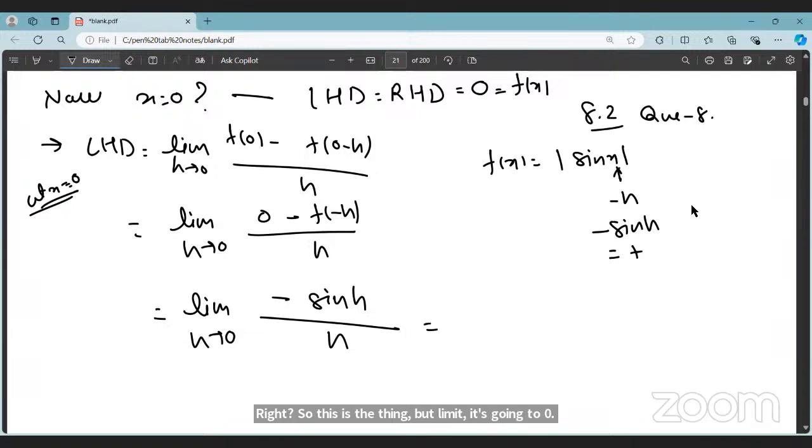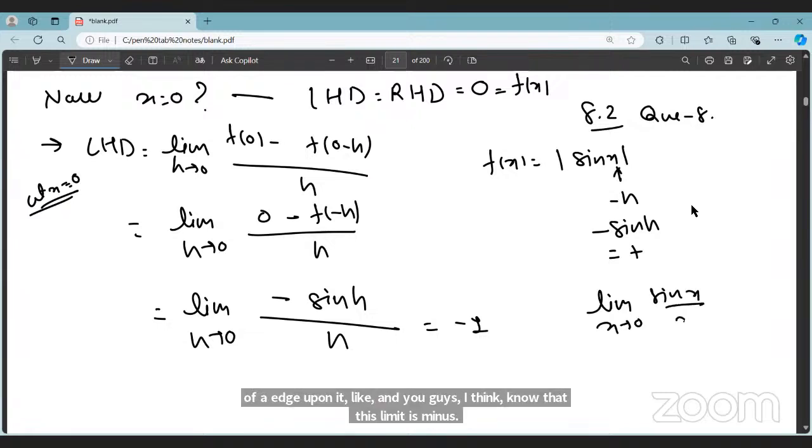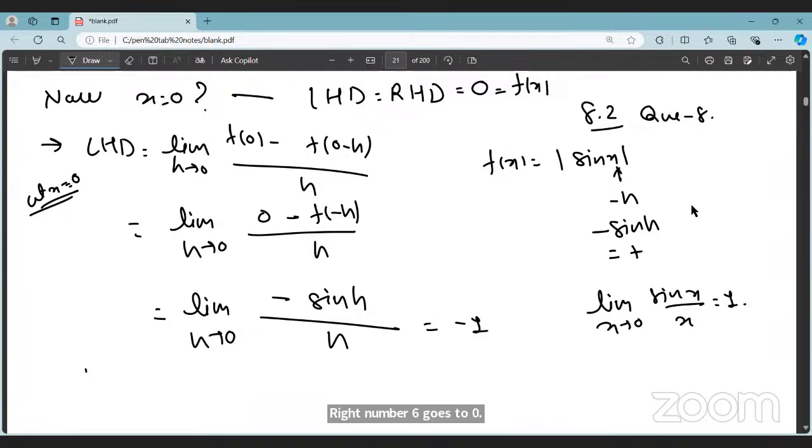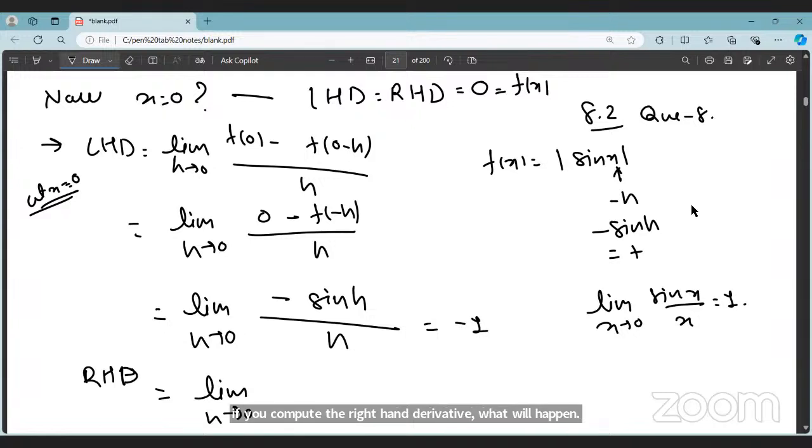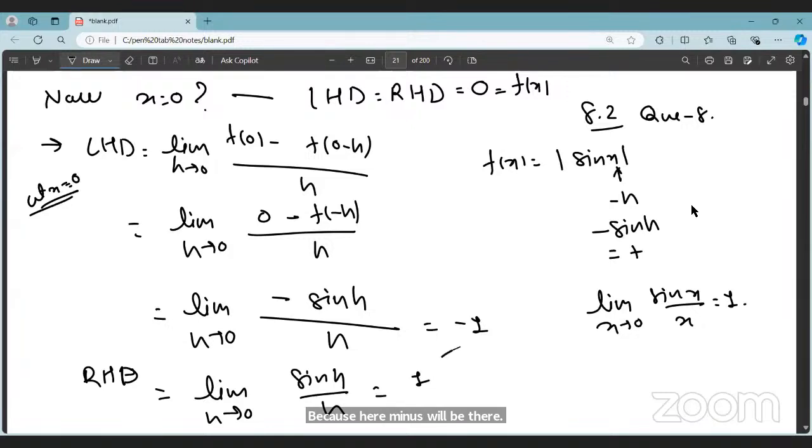And you know that this limit is minus 1, since limit x goes to 0 of sine x upon x is equal to 1, right? But if you compute the right hand derivative, you will get the positive 1, sine h upon h. So 1 will be there. So they are not equal, that's why it's not differentiable. Now it's clear? Yes. Okay.